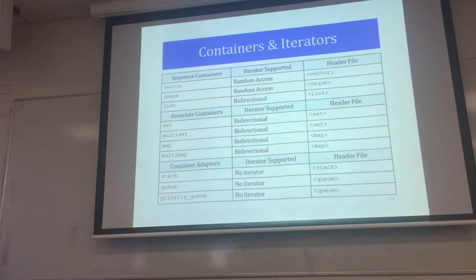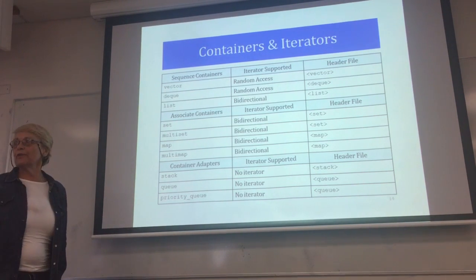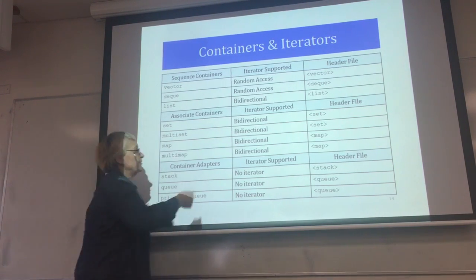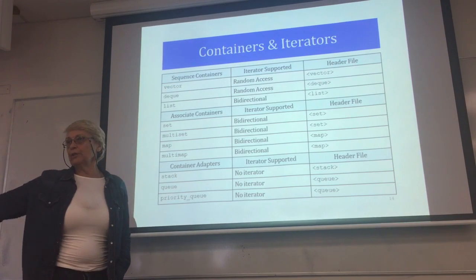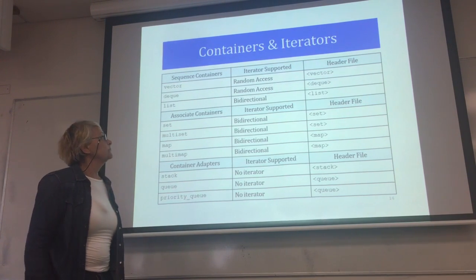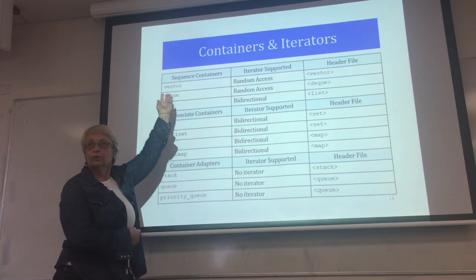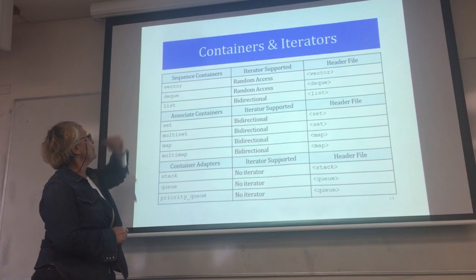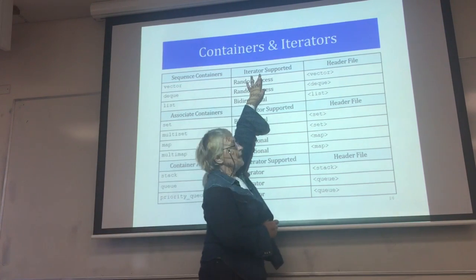It's important to notice that containers come with different types of iterators, and because they provide specific types of iterators, the algorithms we'll talk about next will work on some of these containers and won't work on the others. For example, vector and double-ended queue are the most powerful.